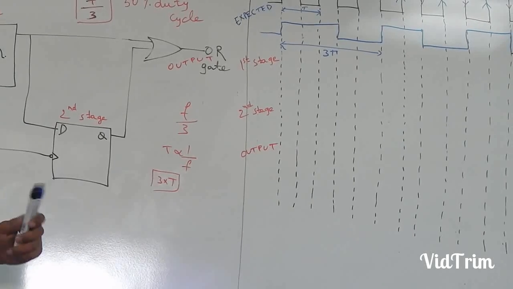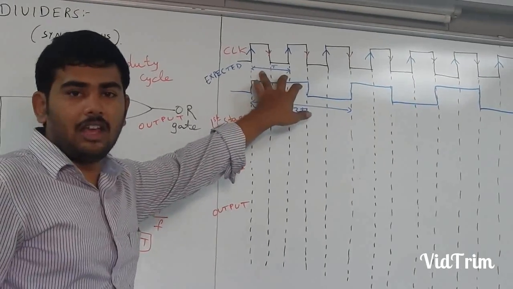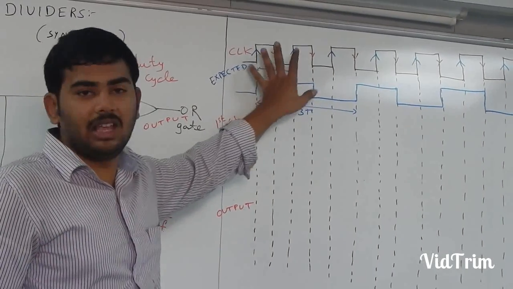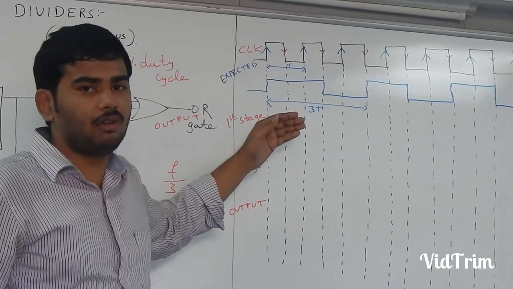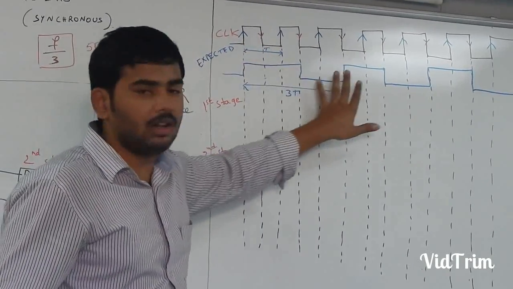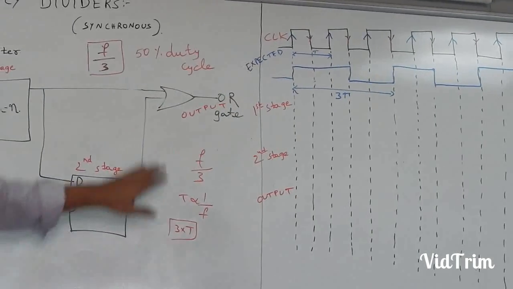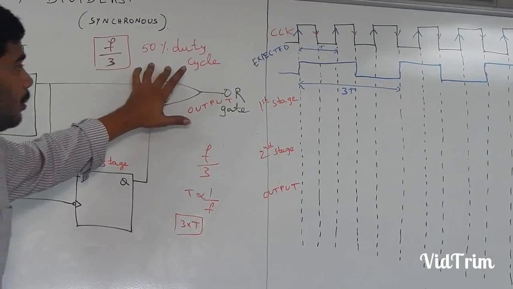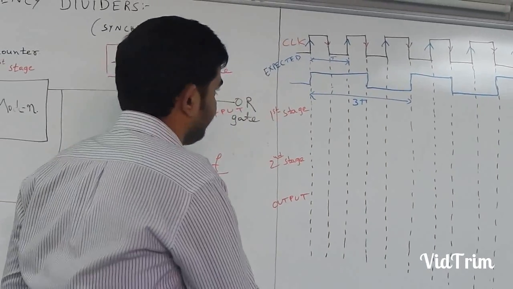Agreed? Yes? So if in the normal clock every T time one cycle occurs, in the expected waveform every 3 clock pulses one cycle should occur, meaning one on and off. And our requirement is 50% duty cycle, meaning 50% on and 50% off.